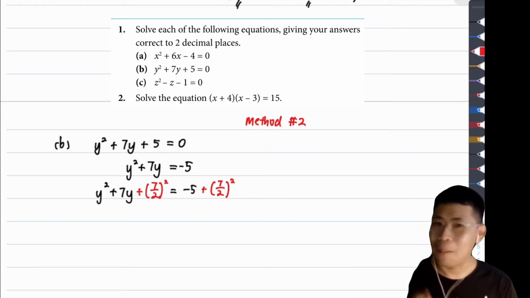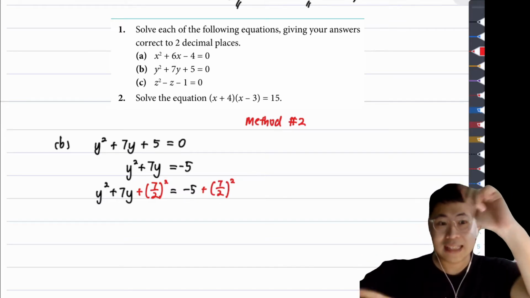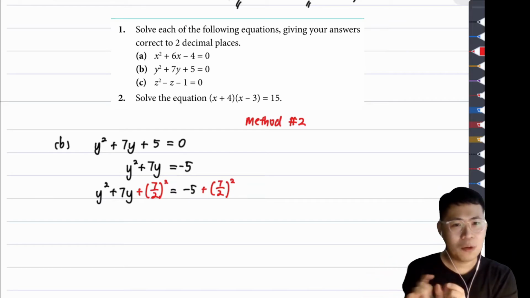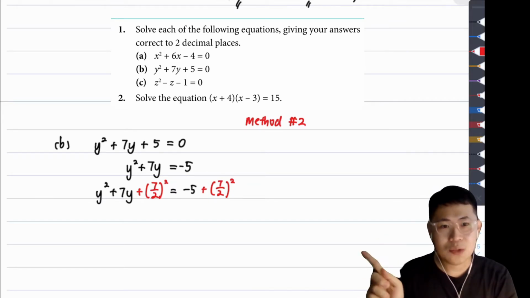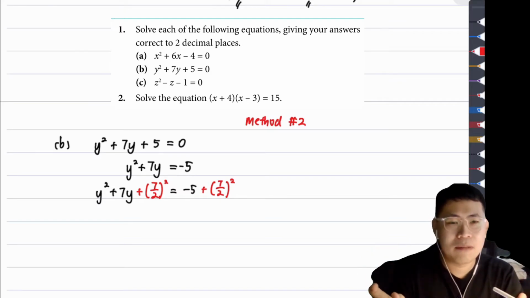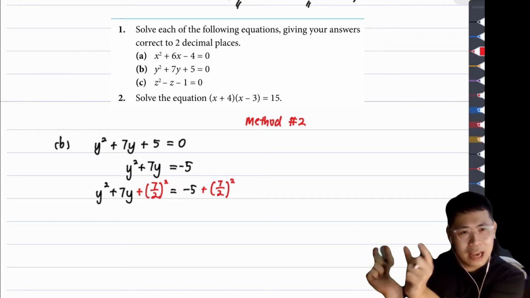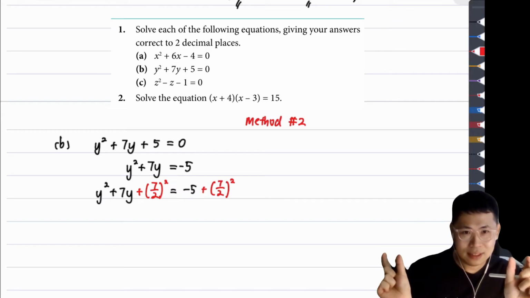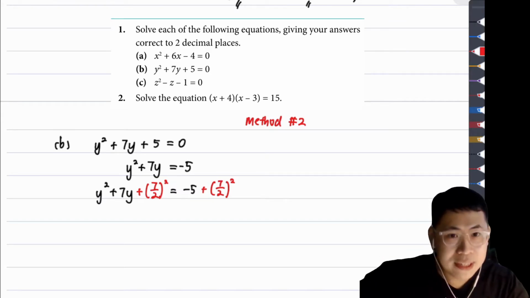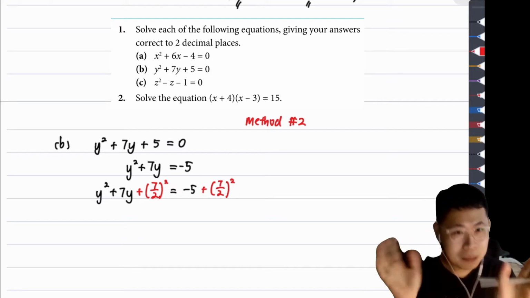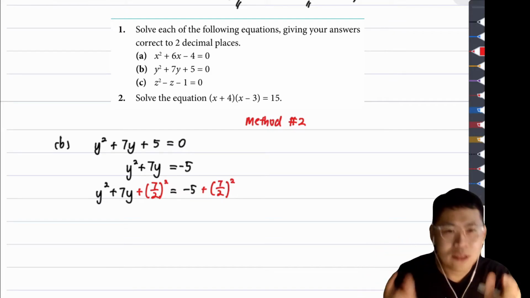If you compare this with the previous example, we added and subtracted on the same side. Now I'm adding on both sides. They are actually the same thing, because if you carry the negative 1 over, they are both plus, on both sides. So for solving equations, because you have two sides, you can do this.